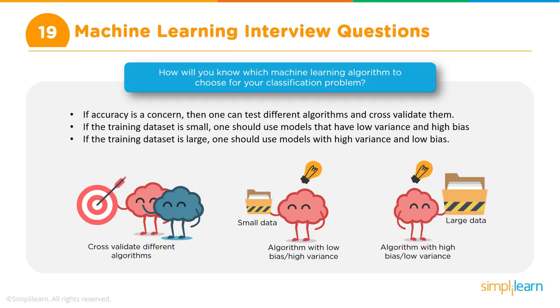But within the classification algorithms, you have decision trees, you have SVM, you have logistic regression. Is it possible to outright say that for this particular problem, this is the exact algorithm that you can use? That is not possible. So we have to try out a bunch of algorithms, see which one gives us the best performance and best accuracy, and then decide to go with that particular algorithm.